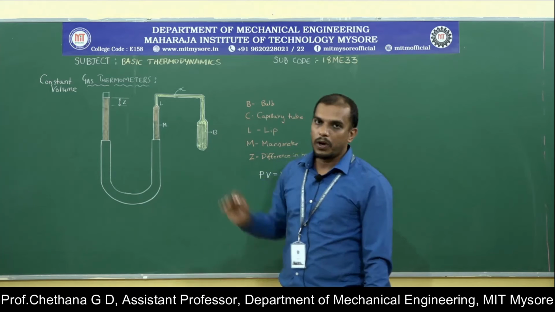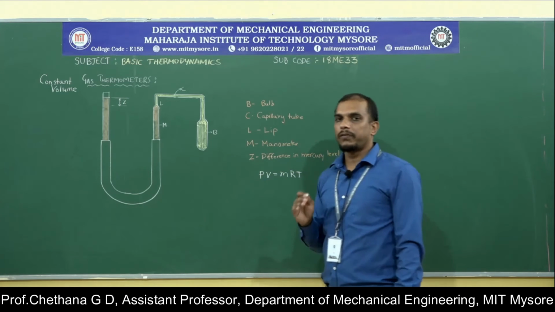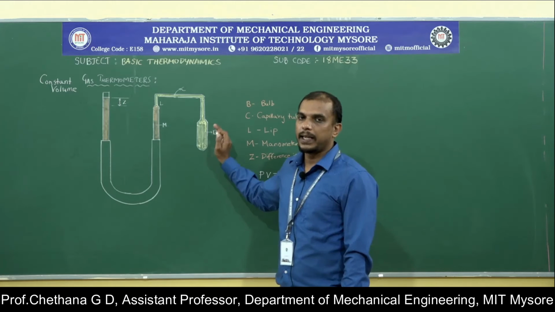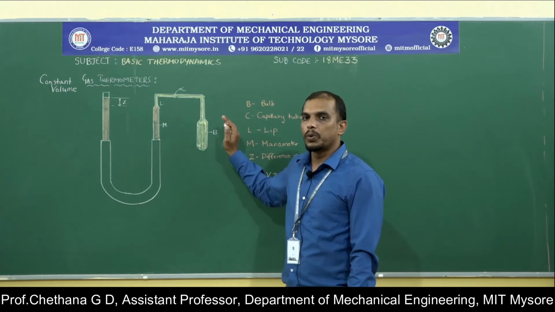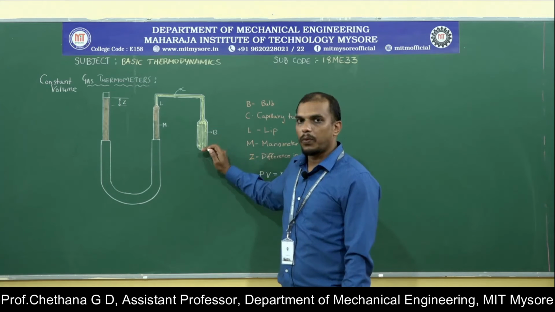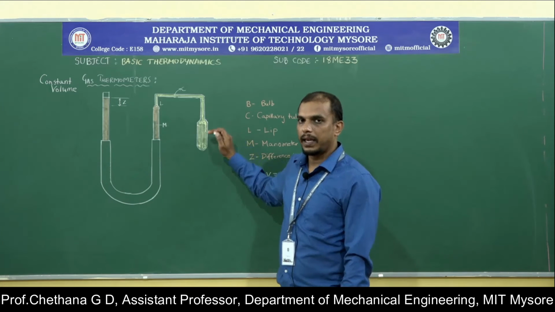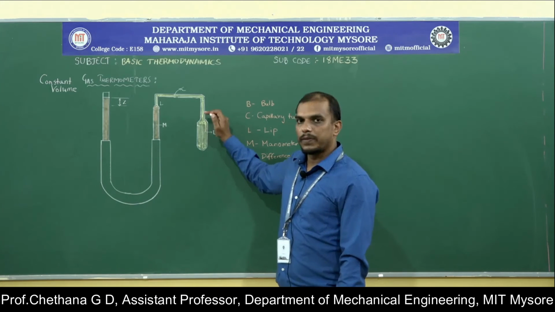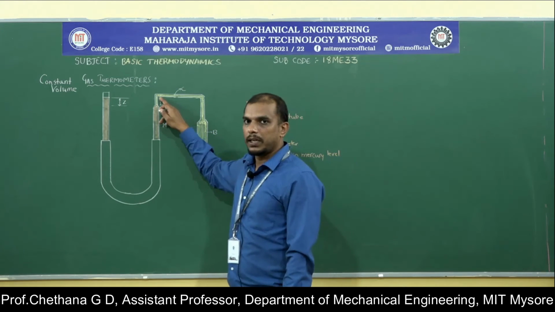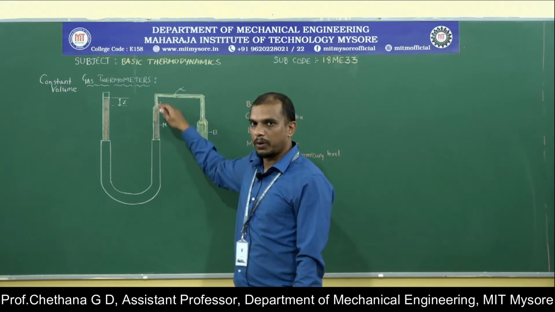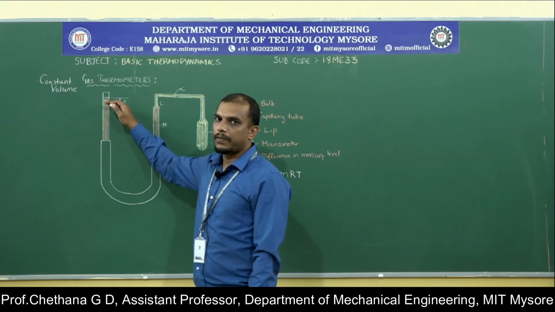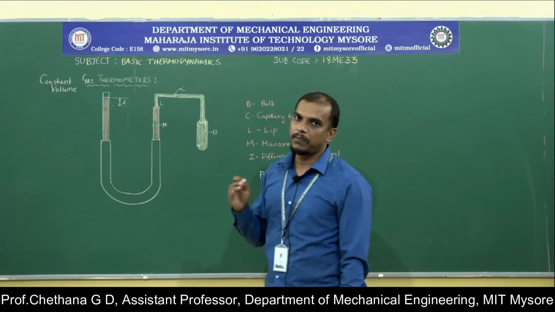Now, if you want to measure the temperature of any system, this bulb B will be brought in contact with the system whose temperature has to be measured. If the gas is heated, the volume of the gas will increase, which in turn pushes the mercury in the right limb downward, and in the left limb, the mercury will be pushed upward.